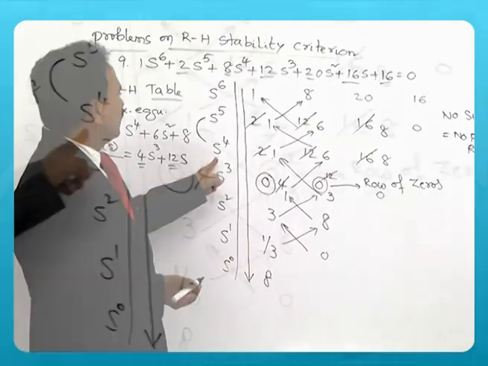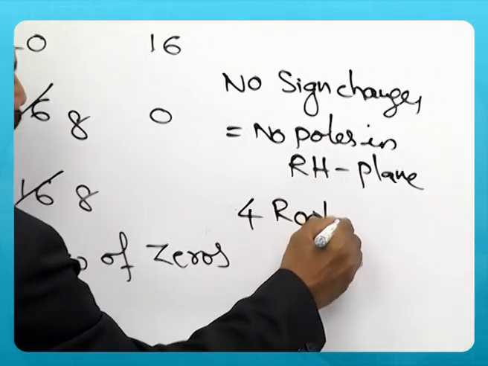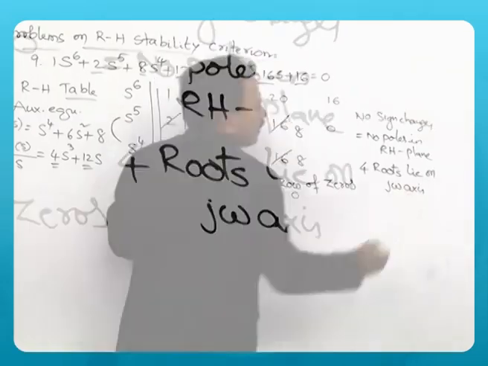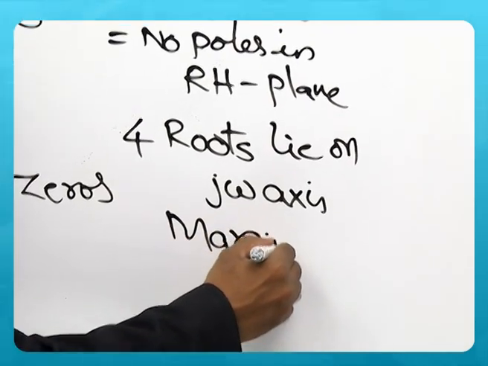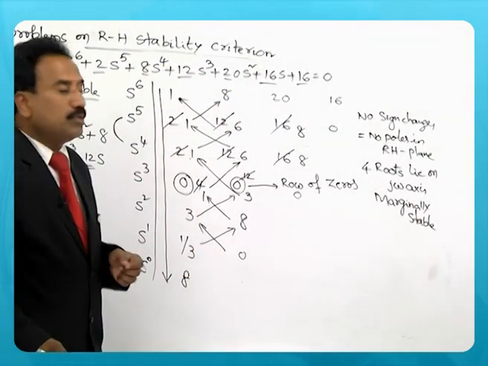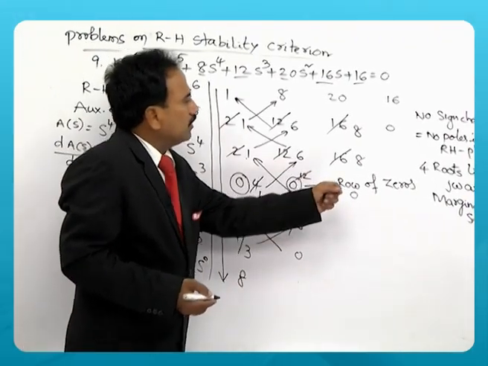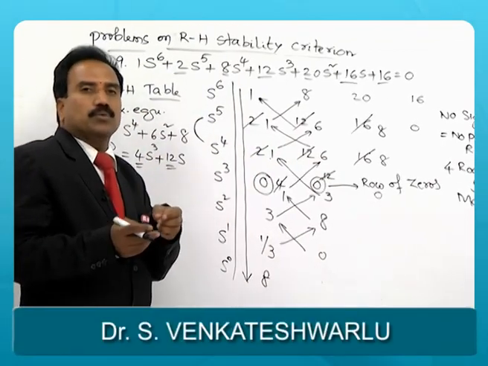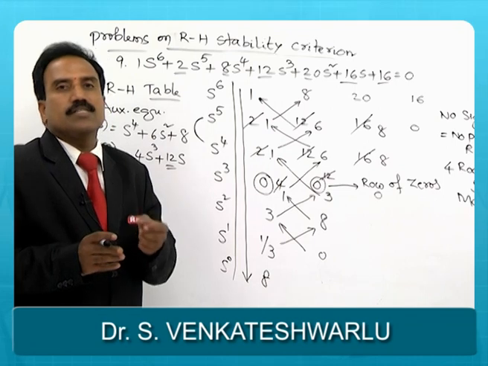So it is a fourth order auxiliary polynomial. So there are 4 roots or 4 poles lying on the j omega axis. So this indicates the system is marginally stable. Out of 6 in total, 4 roots are lying on the j omega axis, that is from the auxiliary equation. So the remaining 2 roots will definitely be in the left half. So the system is critically or marginally stable.